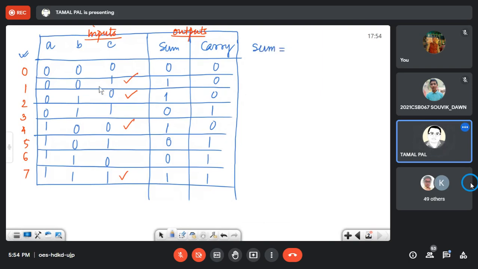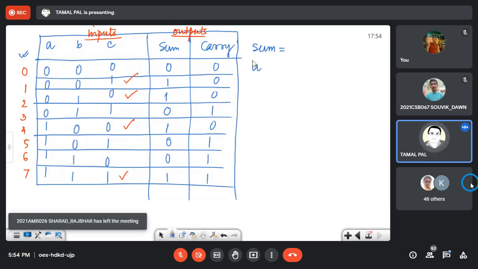Now what I had shown earlier: when it is 0, then you have to consider the complement of it, or inversion, the NOT operation of it. Now we are switching over to logic gates. I think in last class I had shown that.